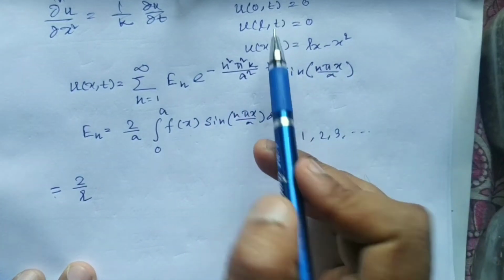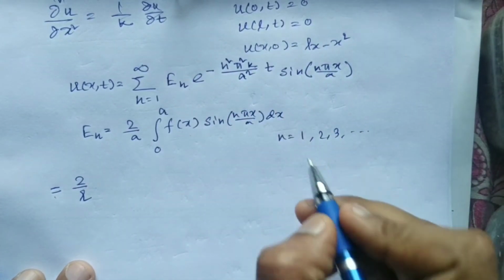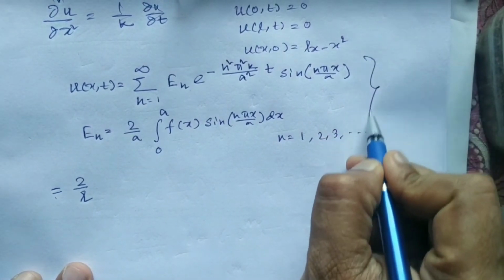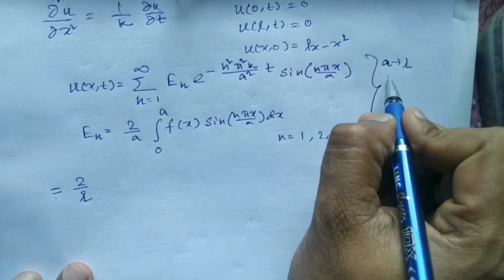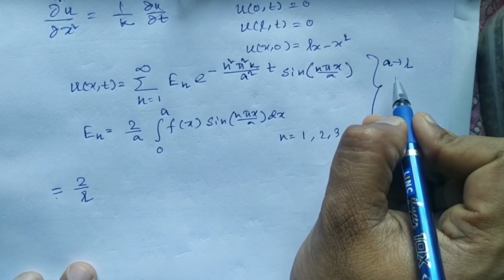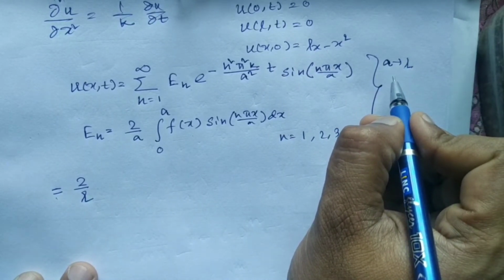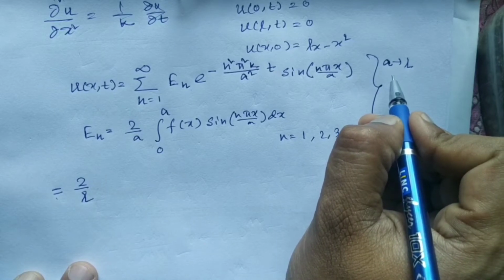So this is equal to 2 over L for this problem. Whenever you use this formula, you have to replace a by small l, and as far as I'm observing, no other changes will be required.